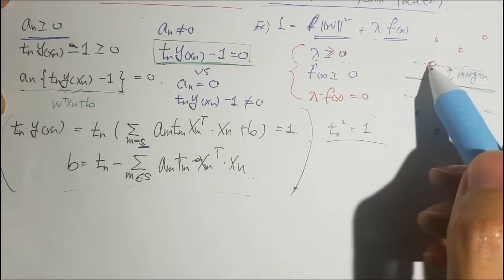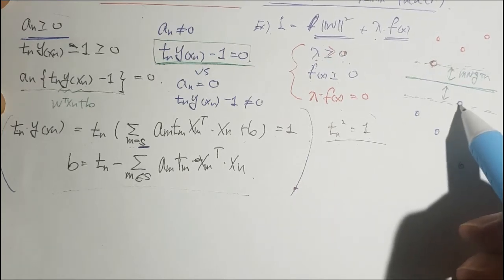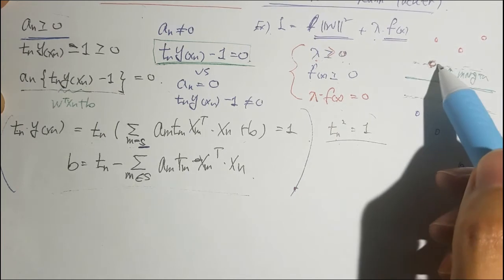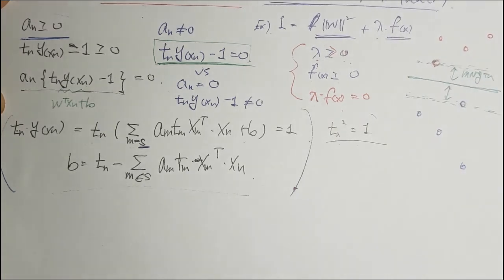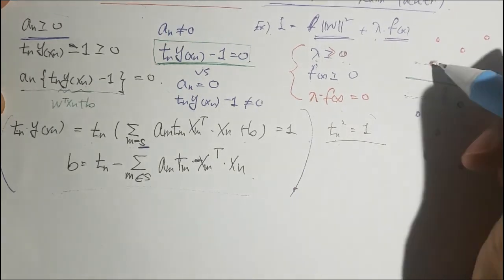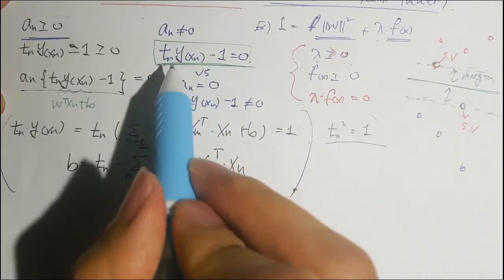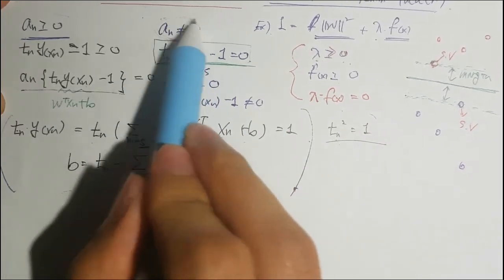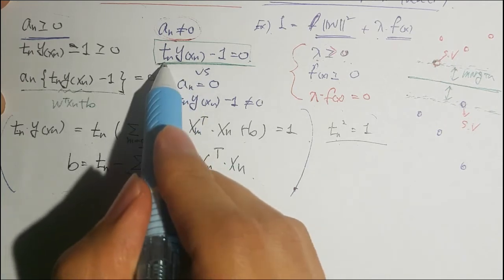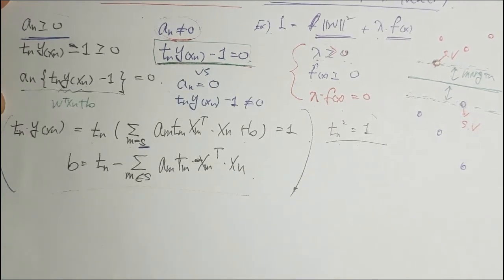So only the support vectors, the points which lie on this boundary, will be called support vectors. This is a support vector. So if the Lagrange multiplier is not 0, then they will be support vectors.